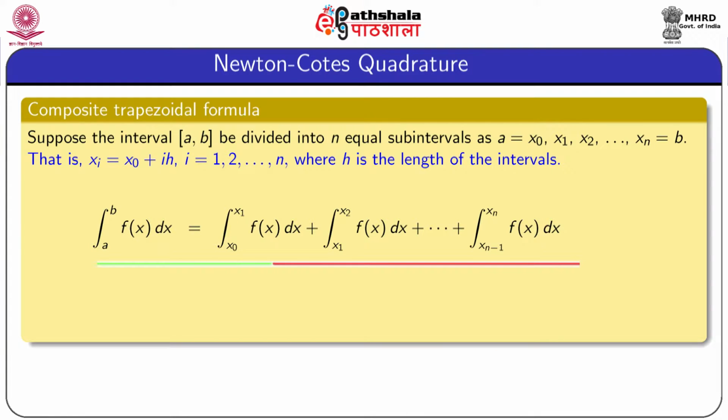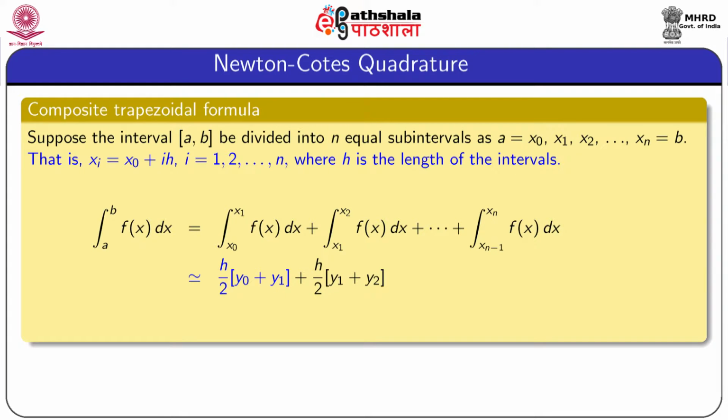Then the integration a to b f(x) dx is equal to x0 to x1 f(x) dx plus x1 to x2 f(x) dx plus dot dot dot plus xn minus 1 to xn f(x) dx. For the first integral, the approximate value of the integration x0 to x1 f(x) dx is h by 2 into y0 plus y1, and this is the value obtained from the trapezoidal formula.